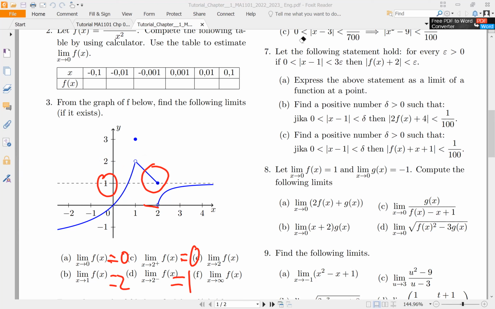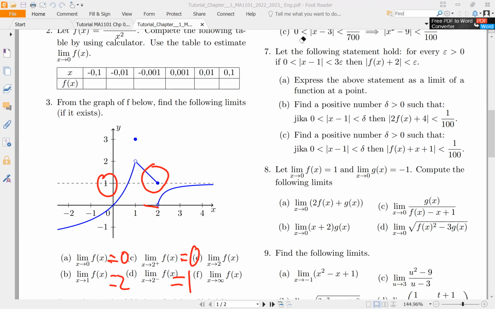Okay, so question E is actually the combination of C and D, because you'll see that the right-hand limit of f at 2 in part C is 0. The left-hand limit of f at 2, once again, is 1. And they are different. They are not the same.